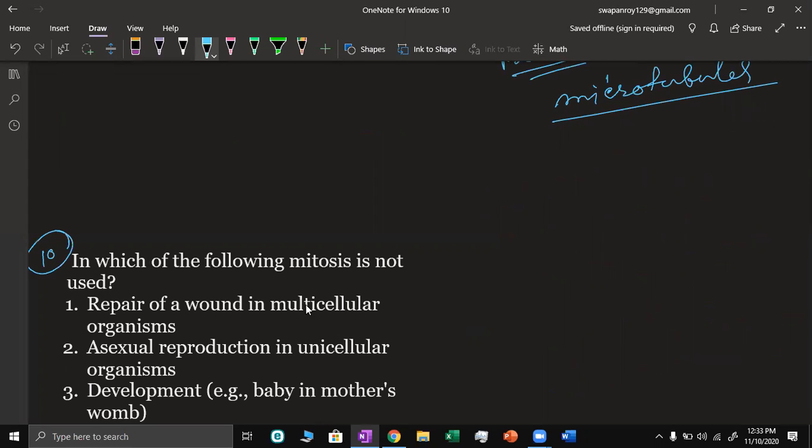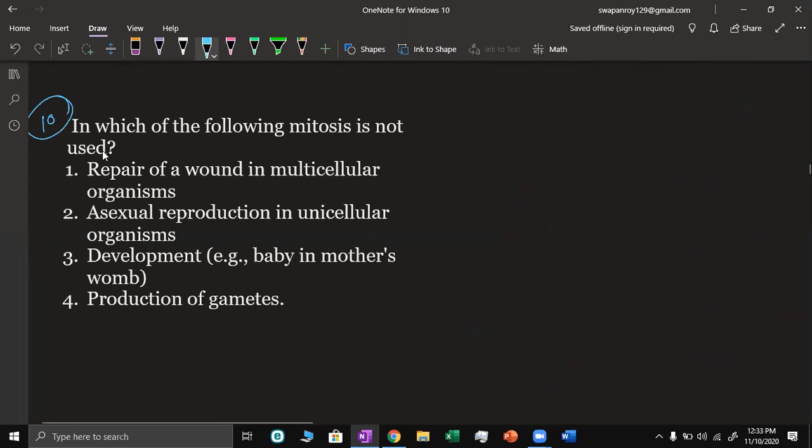Number 10, in which of the following does mitosis not take place? Where is mitosis not taking place? Say repair of wounds in a multicellular organism.